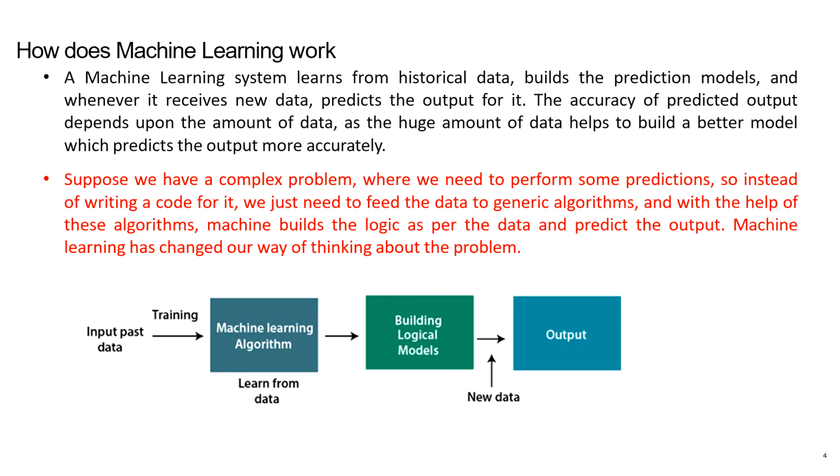Third, when new data is given to the system, the trained model produces a prediction or an output. So we can represent the process as historical data to learning algorithm to model, and finally we get new data and prediction.